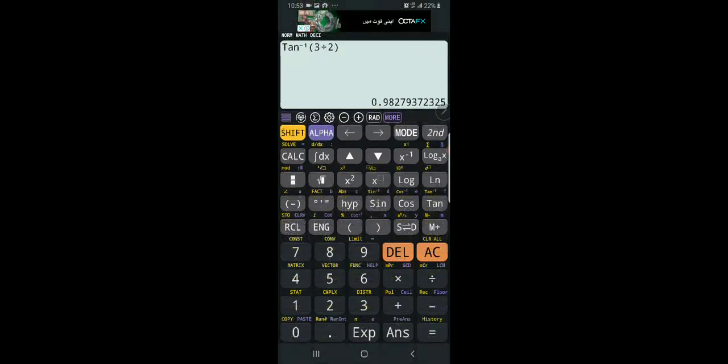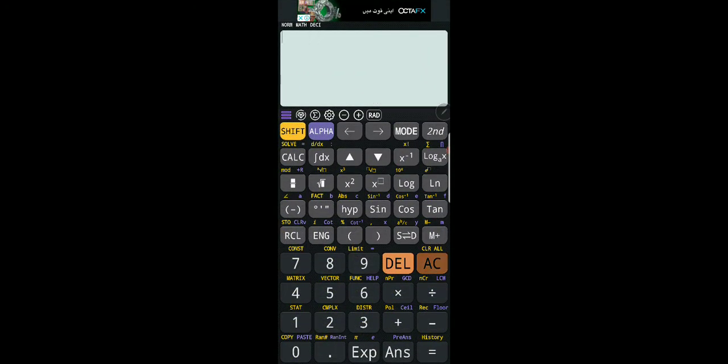Certainly we will get a negative value because both the terms are negative. Minus 2 cos 0.983 and minus 3 sin 0.983. You can see we are getting minus 3.61.